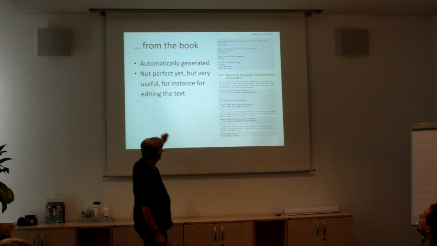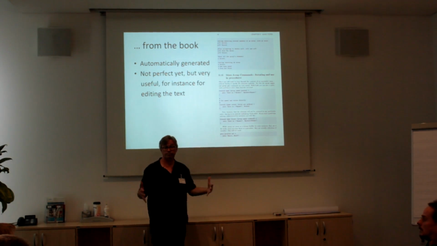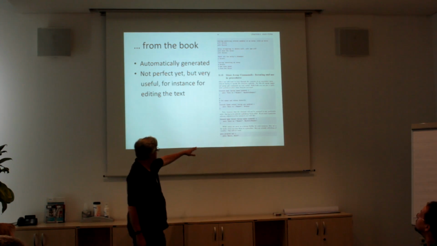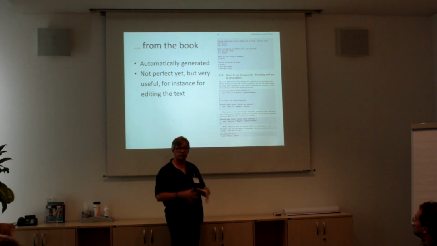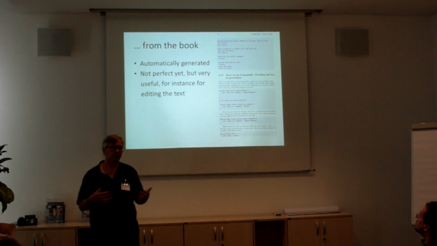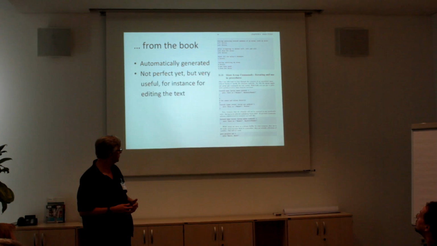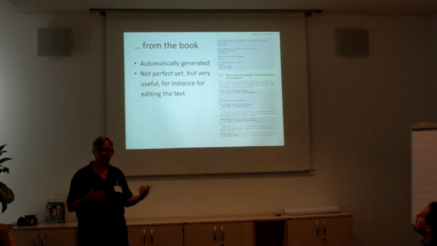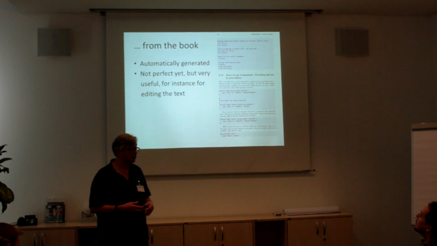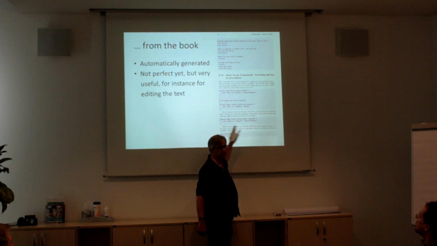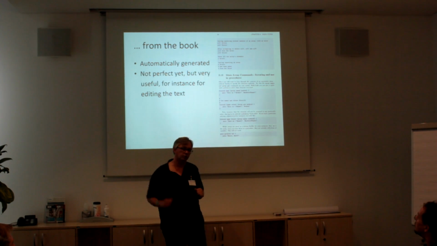It's automatically generated. It's certainly not perfect yet, but my intention is that I can generate this book directly from these wiki pages without any manual filling with the text. Things that have to be done are the right escape sequences, a bit of layout in these examples because they tend to be very long.